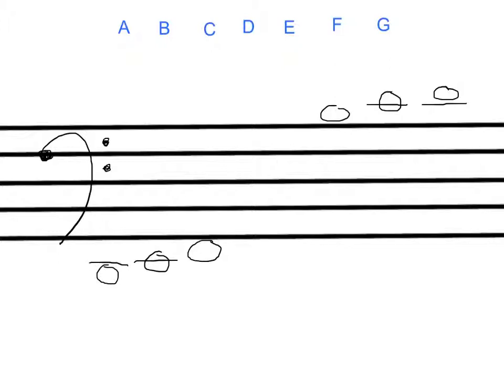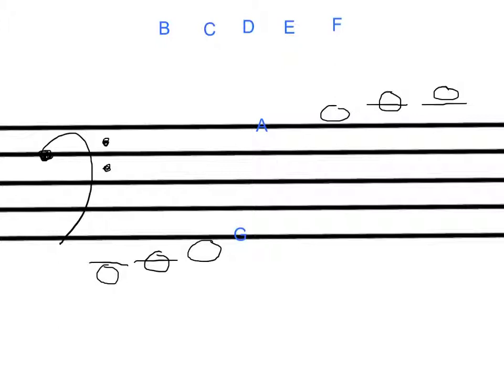And to give us a reference point to do this, I'm going to put in the bottom line of the staff, which is G, as well as the top line, A. And remember that when we go higher on the staff, we're going to go forward in the alphabet, and when we go lower on the staff, we have to go backwards in our alphabet.